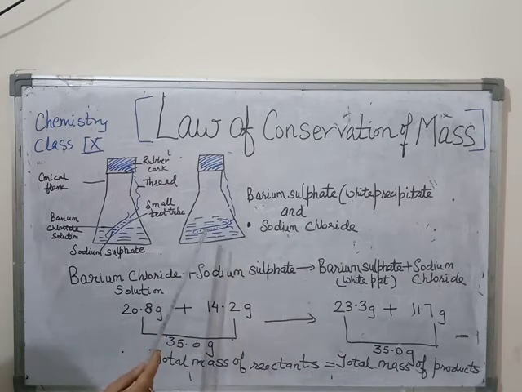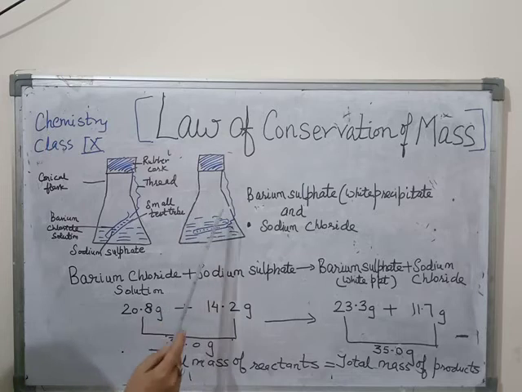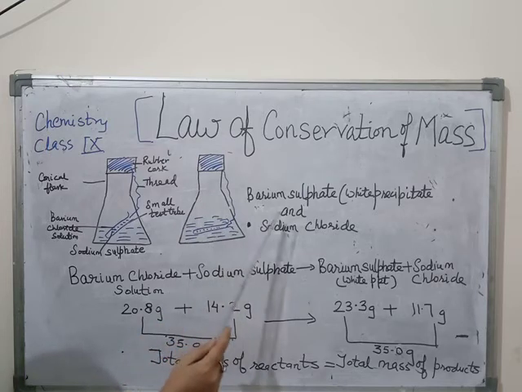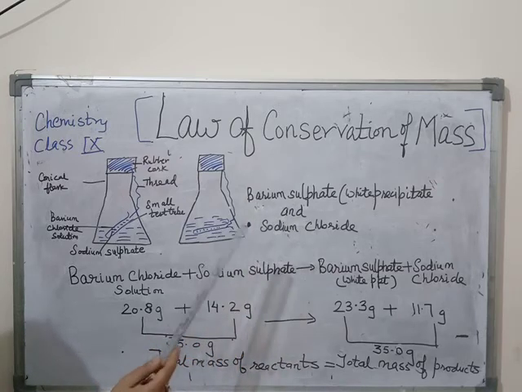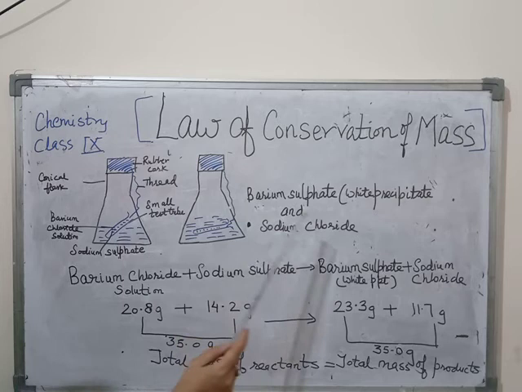Again calculate the mass with the help of the balance: the mass of the conical flask with the products, that is barium sulfate and sodium chloride, and again subtract the initial mass of the apparatus from this mass. Then we will get the mass of the product. Let the mass of the product be Y.